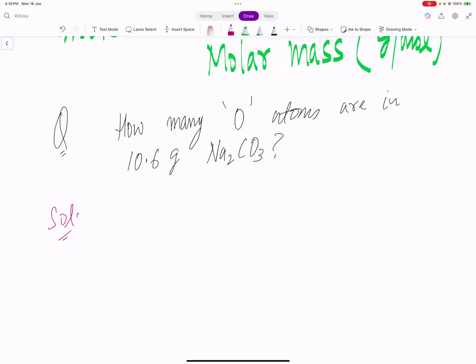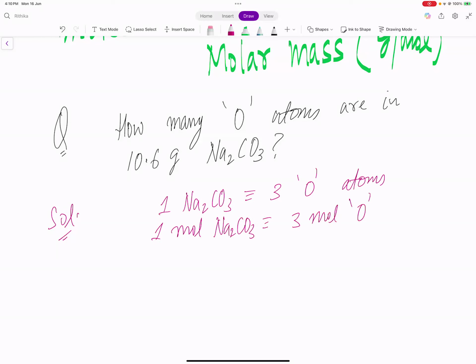So my first step is that 1 Na2CO3 has 3 O atoms. So 1 mole has 3 mole O atoms. But I don't know the moles of Na2CO3.